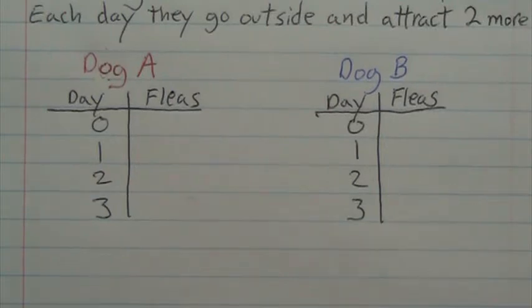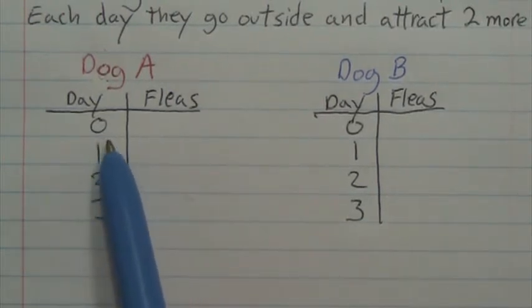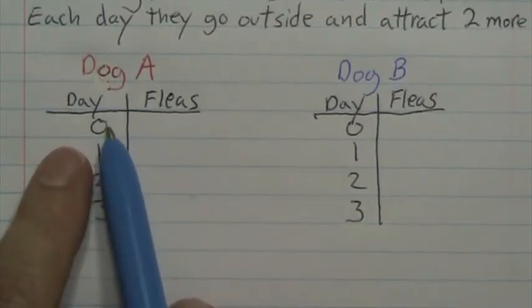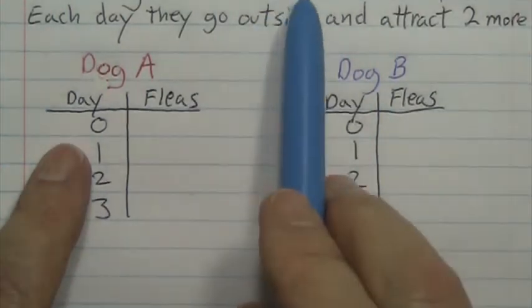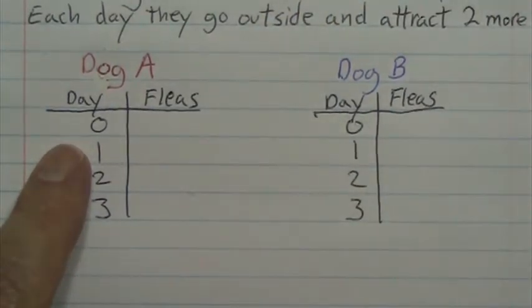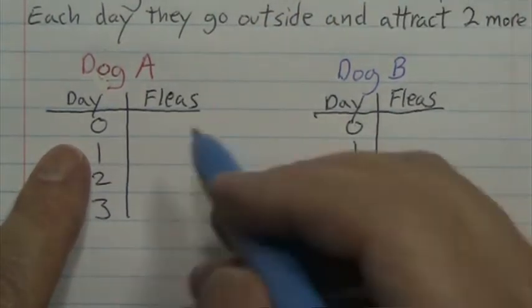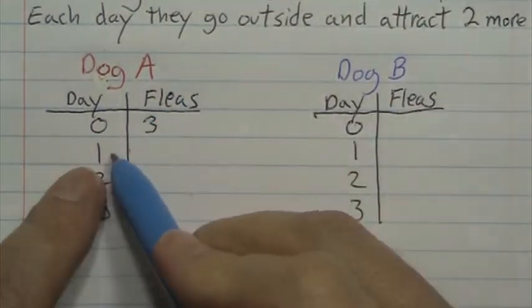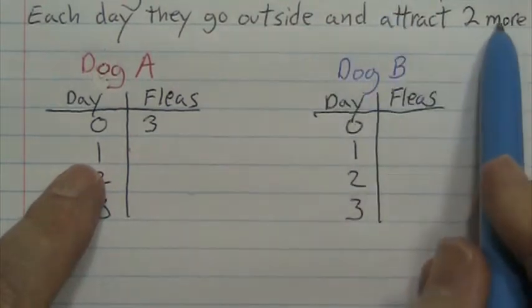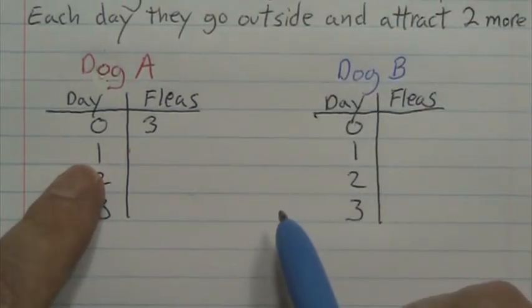Okay, now let's go ahead and count how many fleas it has for each day. Now dog A starts off, remember it still has 3 fleas on it. So it still has 3 fleas. The next day it goes out, it's going to get 2 more fleas added.